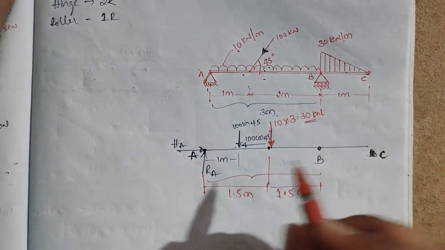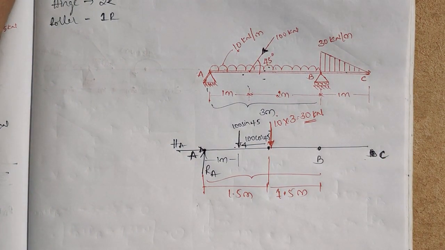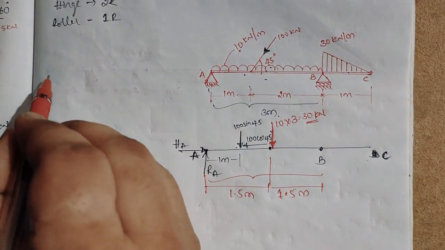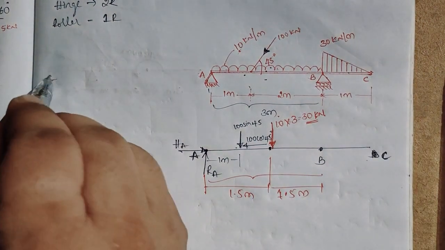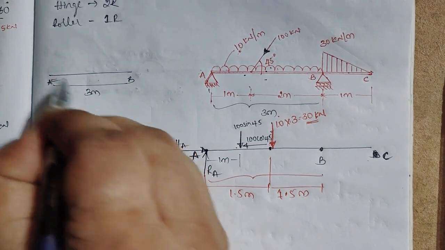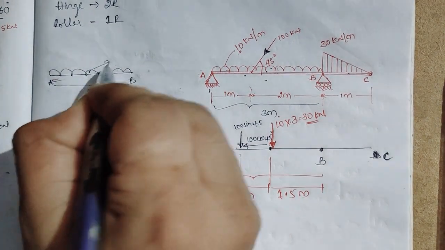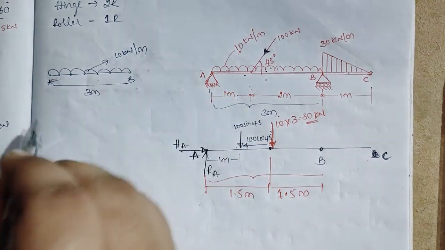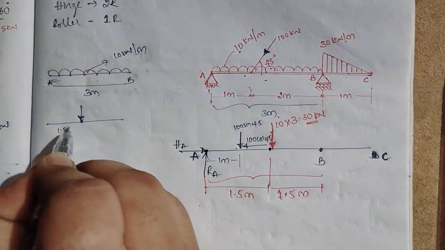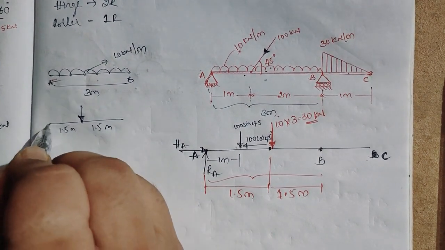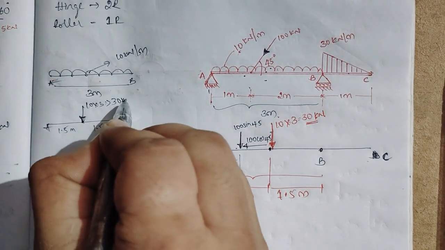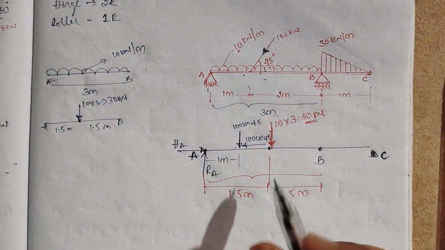So 30 kilonewton will be a point load. I'm taking it directly because you have to learn like this. So AB is 3 meter, up to 3 meter it is UDL, and it is 10 kilonewton per meter. When I make it a point load at a distance of 1.5 meter, it will be 10 into 3, 30 kilonewton.